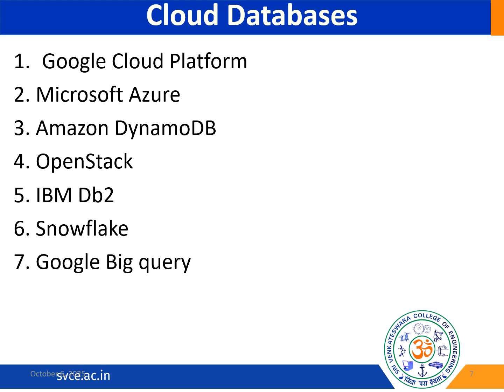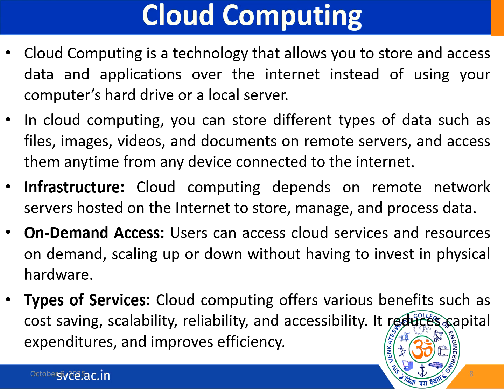Therefore, we have some cloud databases which can give detailed knowledge about cloud databases, and we have some examples which are listed in the slide. So next we'll move on to cloud computing.